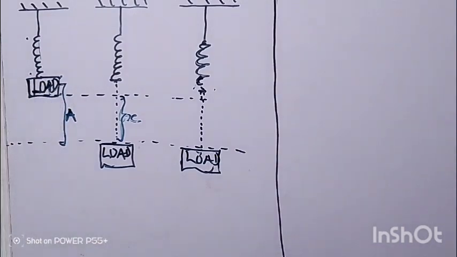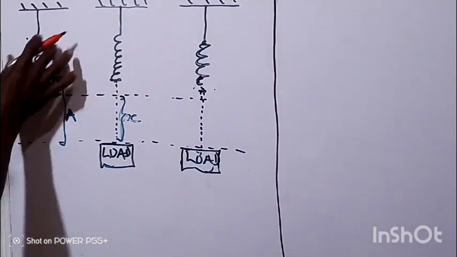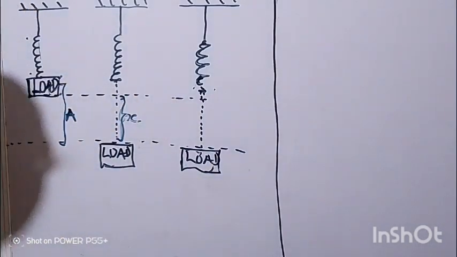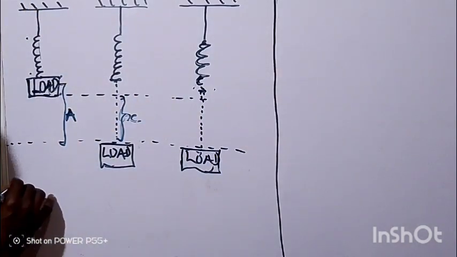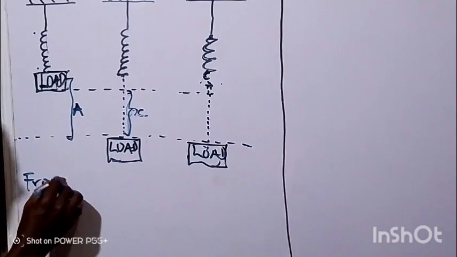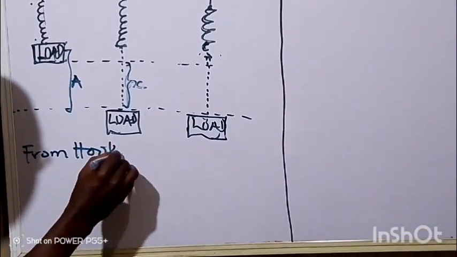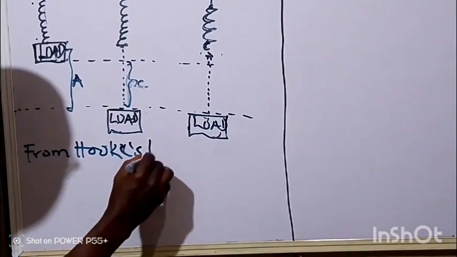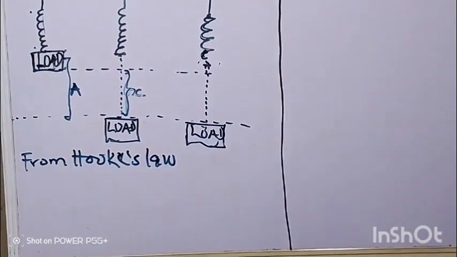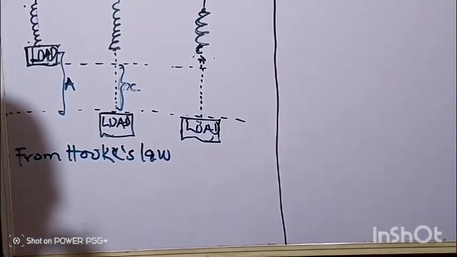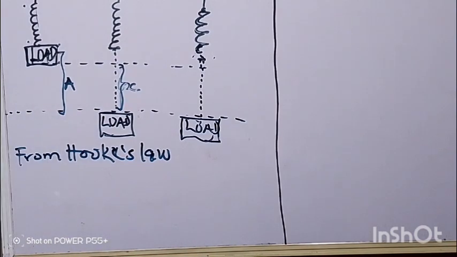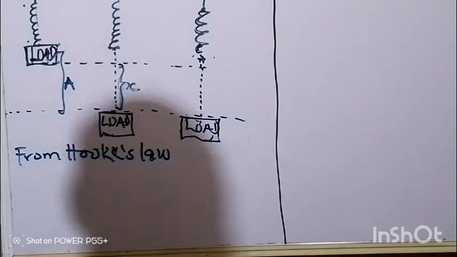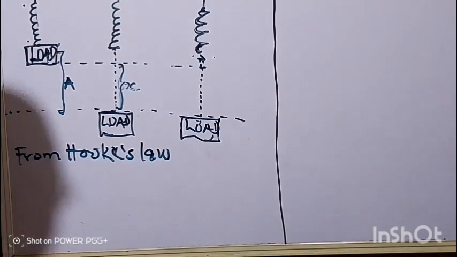So from here to here, don't forget, we want to combine this with what we learned under Hooke's law. Hooke's law states that provided the elastic limit of an elastic material is not exceeded, the force applied is directly proportional to extension.